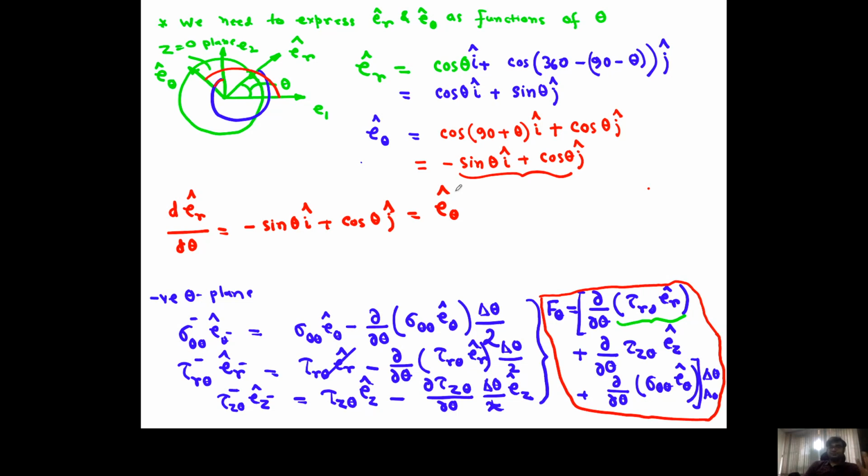That is the interesting result. And then, the derivative of E theta with respect to theta, let us do that. Sine theta will become cos theta, so this is minus cos theta I cap, and the derivative of cos theta will become minus sine theta. So this is minus sine theta j cap, which is nothing but minus ER. So these are very important results for the cylindrical coordinate system. You should always remember these results.